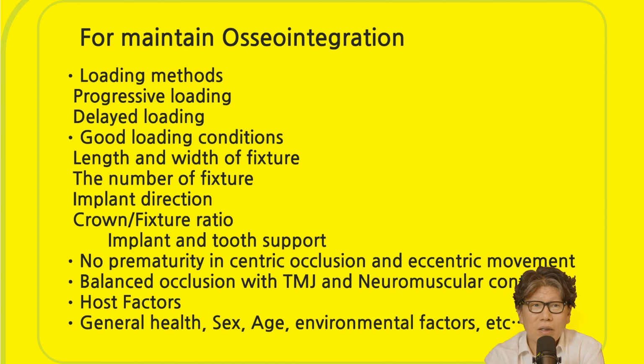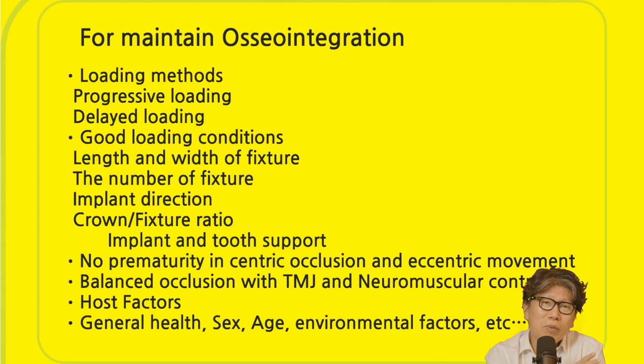So the first thing is location. You have to have a good location, and the second thing is you have to have a good orientation, because that's how you get the right emergence profile. If you think about it, we talk about aesthetics, porcelain, shade. But the emergence profile already determines that.